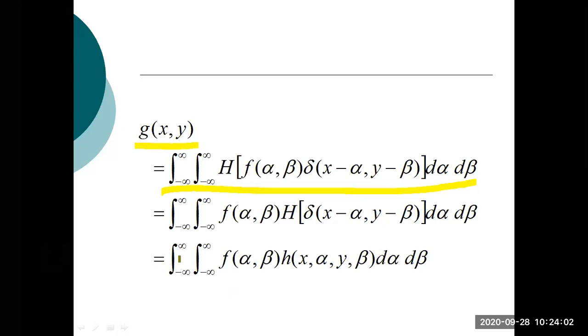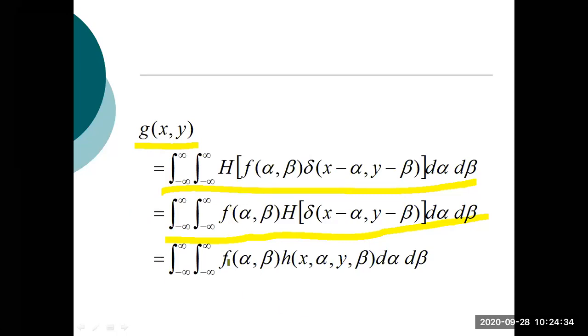So again we are separating: f of alpha beta is outside and H is operating on the impulse. H of delta of x minus alpha comma y minus beta is rewritten as small h, that is in space.